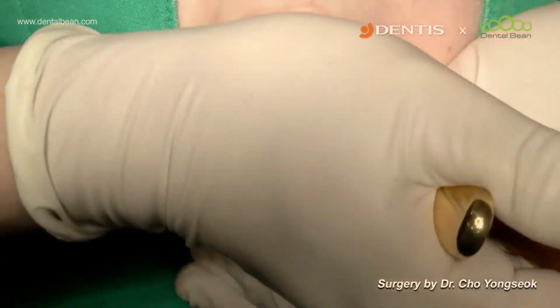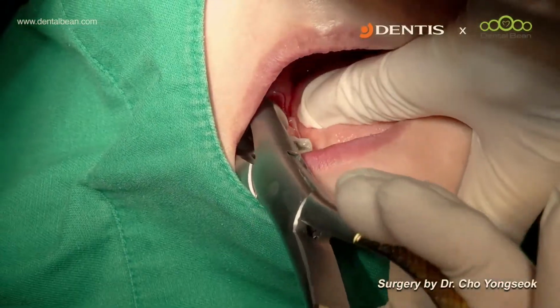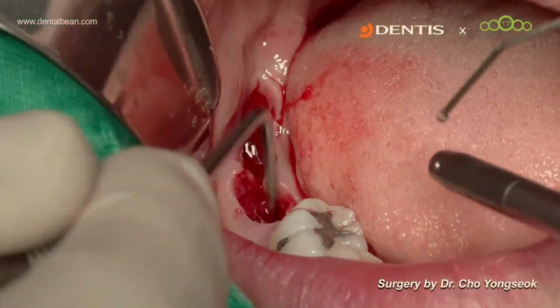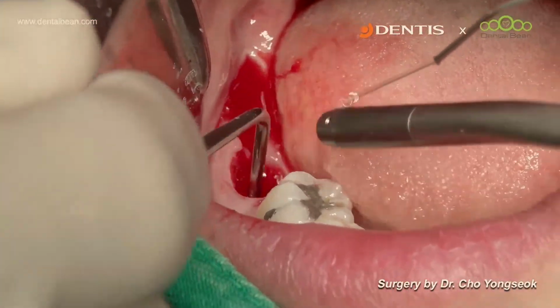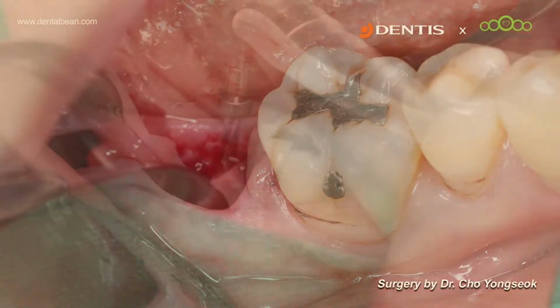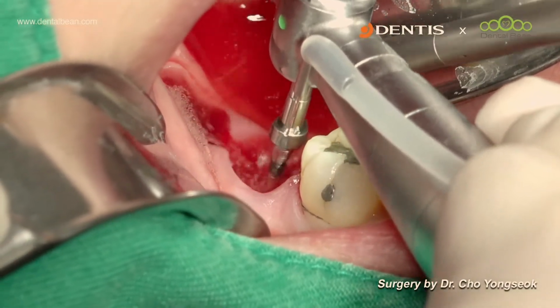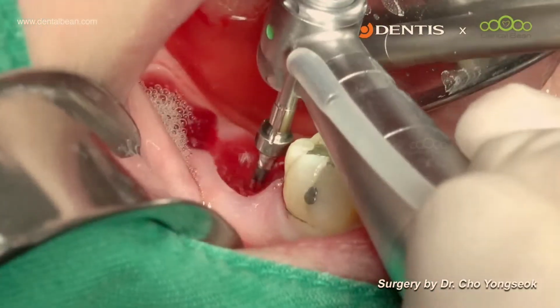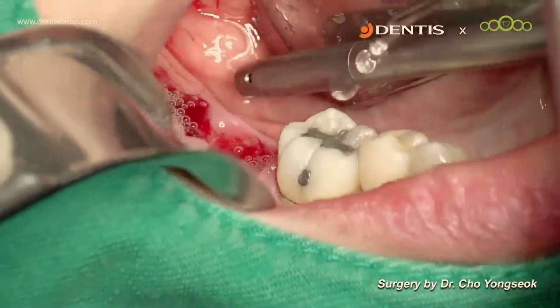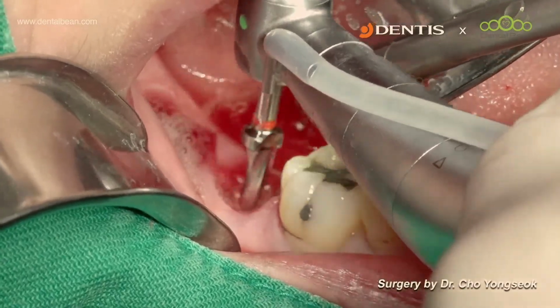Here, extraction was done. It was a sound socket. Again, I positioned the side drill at the medial side of the septum and pushed toward distally.